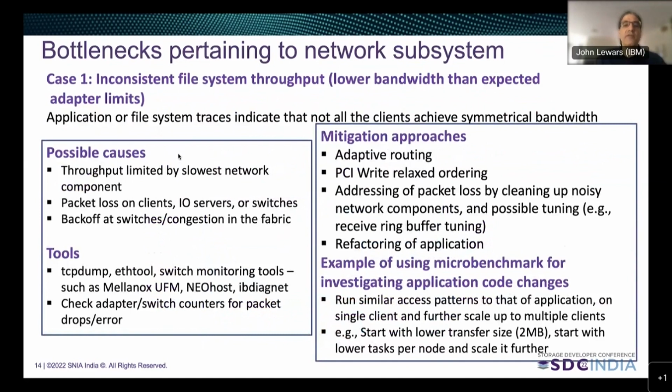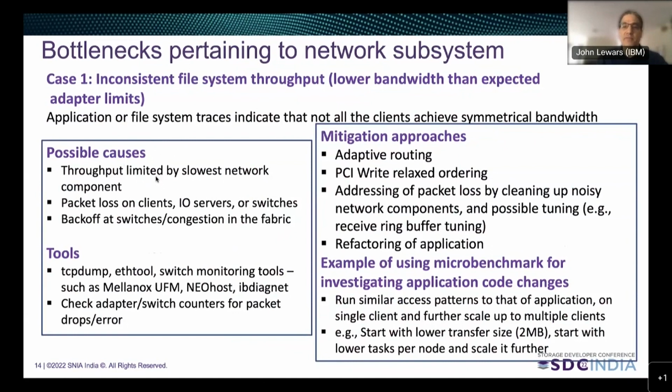So now we'll divide these bottlenecks into 2 classes, really. Inconsistent bottlenecks, let's say issues that will cause inconsistencies within your performance measurements. Examples of these kinds of problems could be some kind of flaky link on one of the clients or servers or switch port. Also any kind of congestion, let's say network fabric issues, could often result in inconsistent performance.